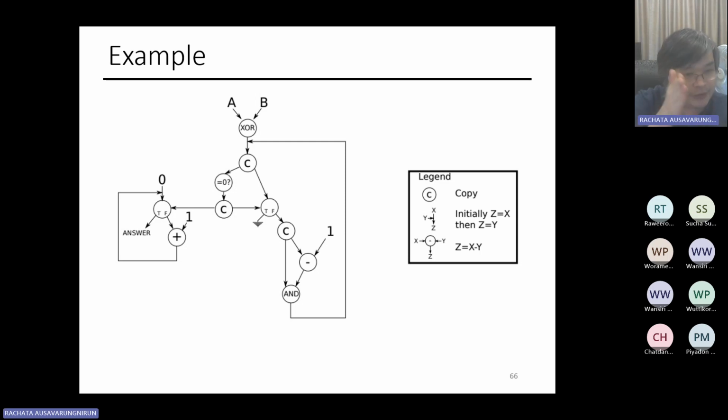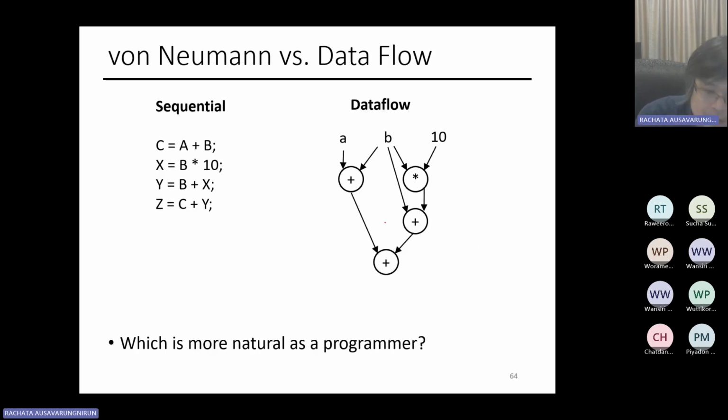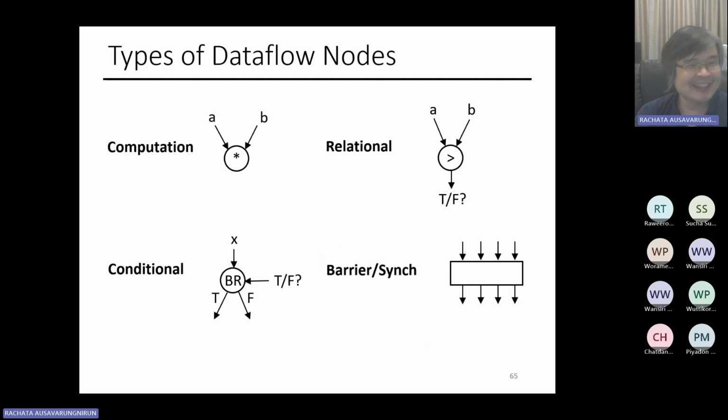Your CPU that you use nowadays runs a technique called out of order execution. It fakes data flow on von Neumann. It basically runs as if these were data flow programs, but programmers can still do everything in von Neumann. So that's the CPU solution for you. That's why CPU is really, really fast, because it's doing this.